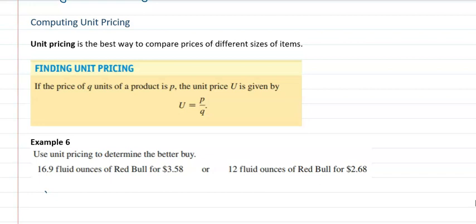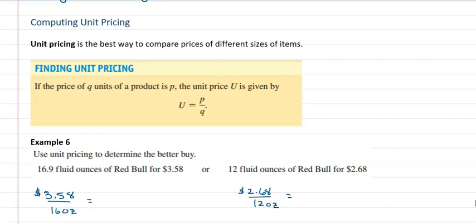So we've got one of them that's $3.58 per 16 ounces. And we've got one that is $2.68 for 12 ounces. So at first glance, the second one looks better.